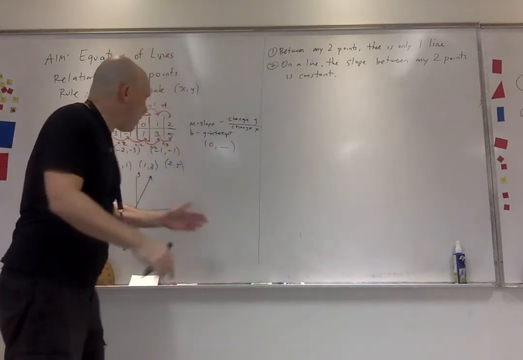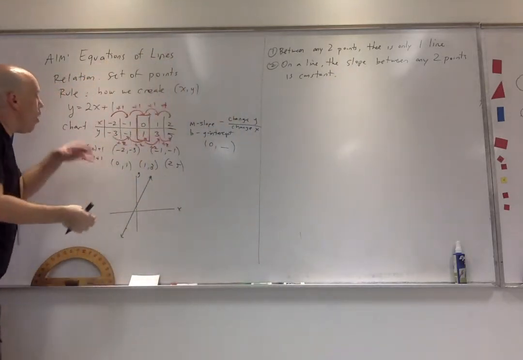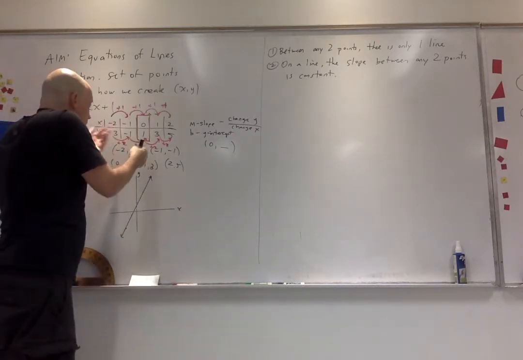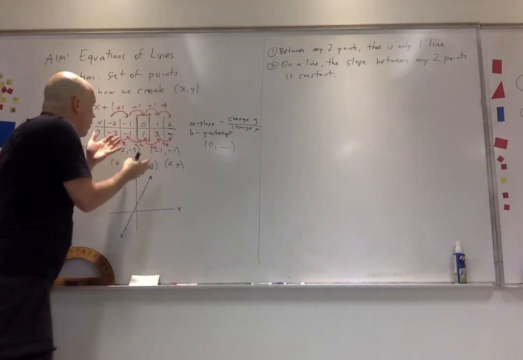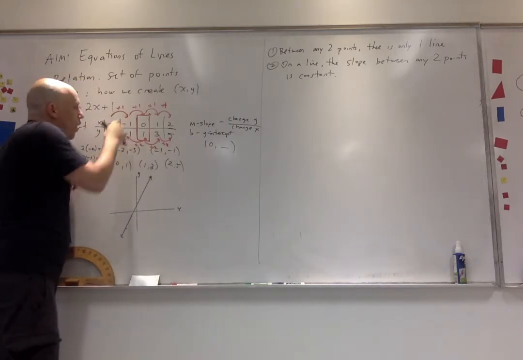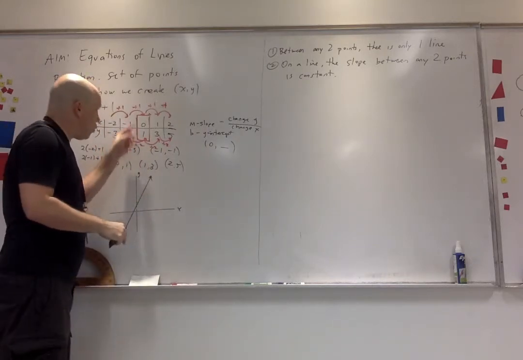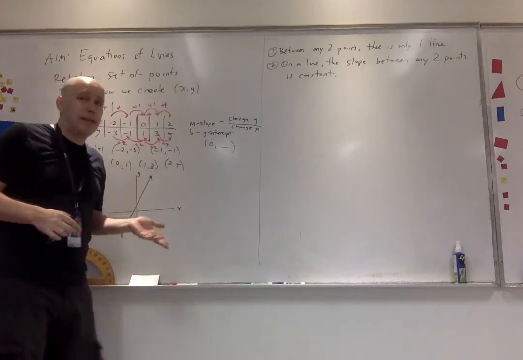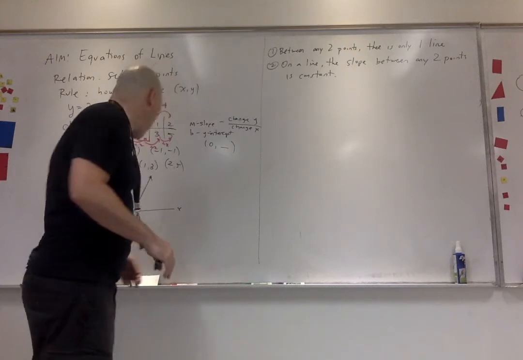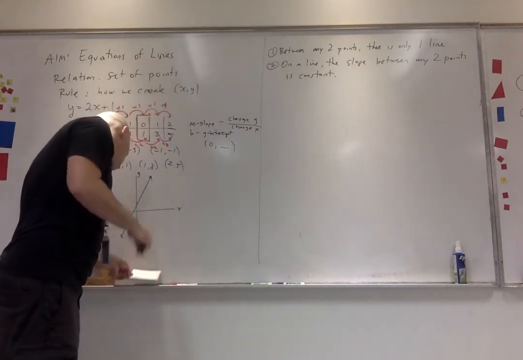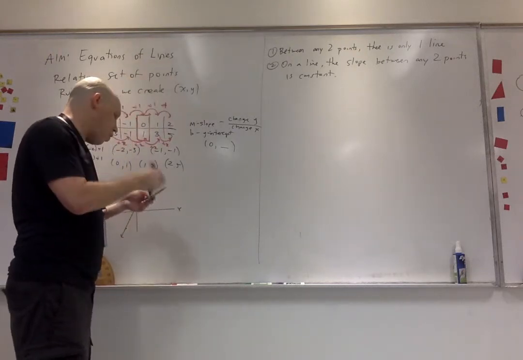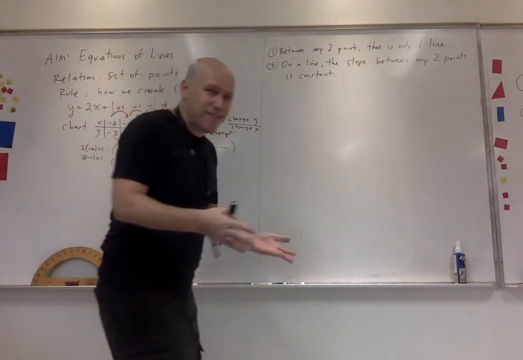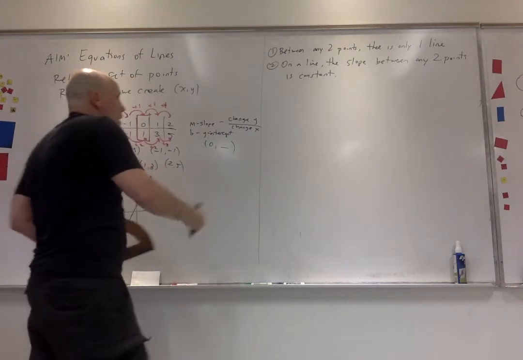That's kind of interesting, but we see that here. From the rule, we created a table, a set of points, and we discovered that as y changed, x changed, and it was constant. +2, +1, +2, +1. That's why we study linear equations. That's what's important about it. And so we saw you were taught how to graph it.